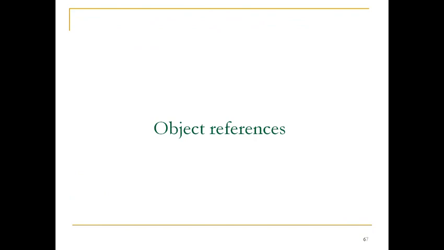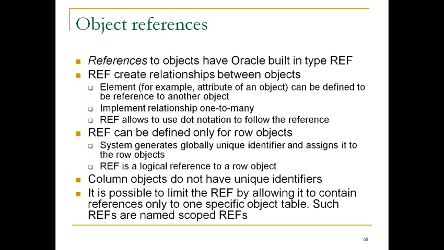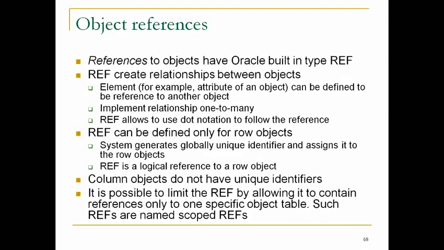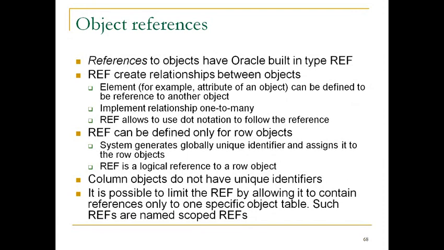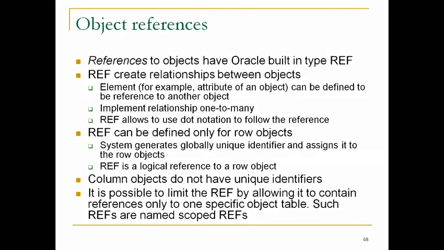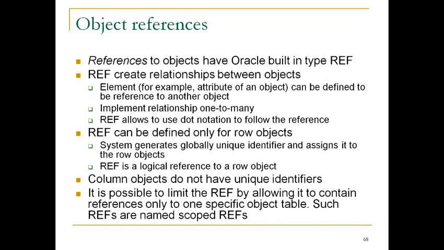One more concept I wanted to introduce you briefly is object references. And the idea is that you can refer to objects not only by storing the full object, but also by giving just where the object is stored.